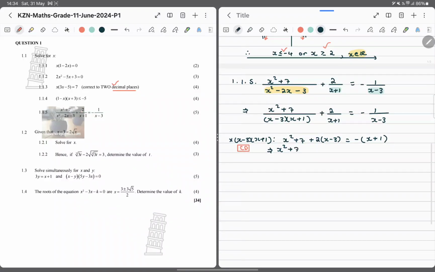Right, this is x squared plus 7 plus 2x minus 6 equals minus x minus 1. This implies that we've got x squared, we bring in this x, we get plus 3x. Then we bring in the minus 1 here. By the way, 7 minus 6 is 1. 1 plus 1 is going to be 2, equal to 0.